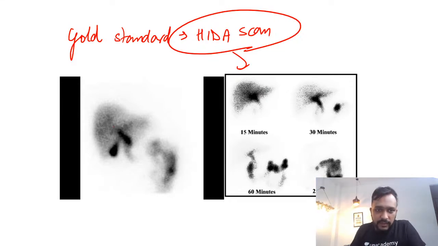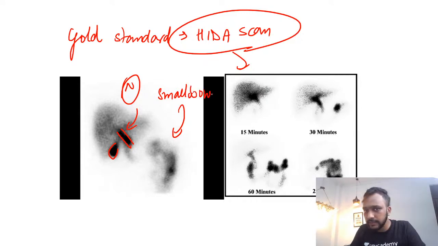In a normal patient, it is going to label the common bile duct, label the gallbladder, and after some time it is going to be excreted in the small bowel.